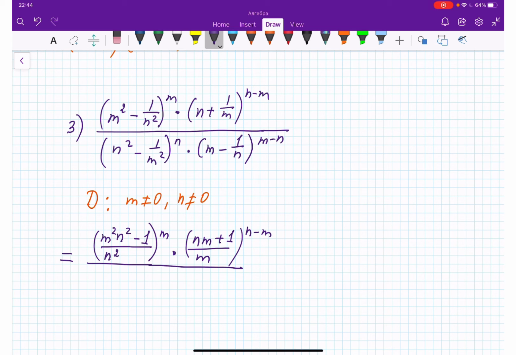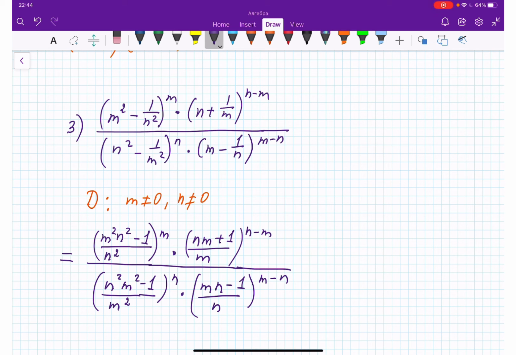Okay, now in denominator I'm going to get m squared, here will be n squared m squared minus 1 to power n, times denominator is n, will be m n minus 1 to power m minus n.